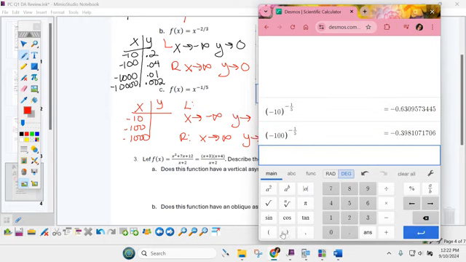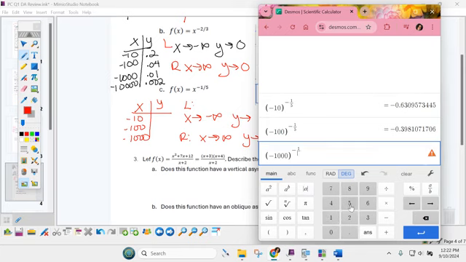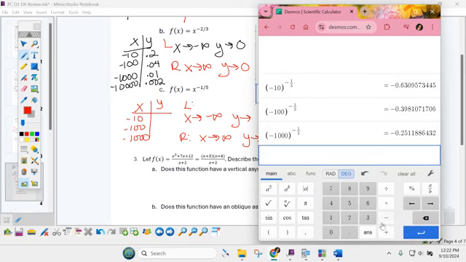Negative 0.4. Negative 0.3. Let's do one more for fun. Negative 0.15.